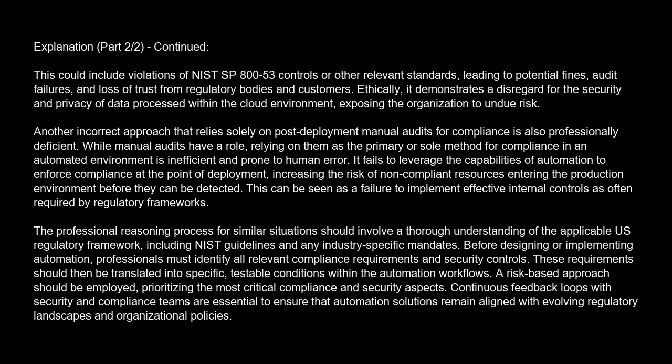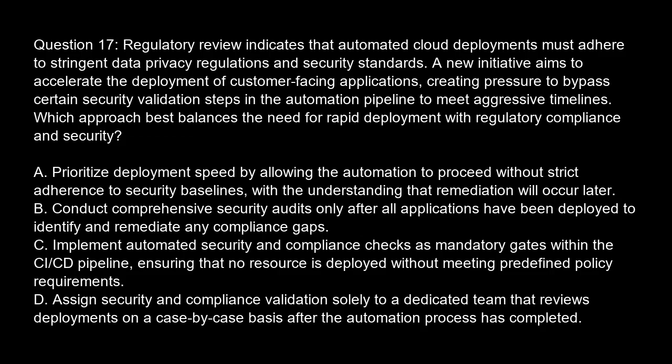A risk-based approach should be employed, prioritizing the most critical compliance and security aspects. Continuous feedback loops with security and compliance teams are essential to ensure that automation solutions remain aligned with evolving regulatory landscapes and organizational policies.